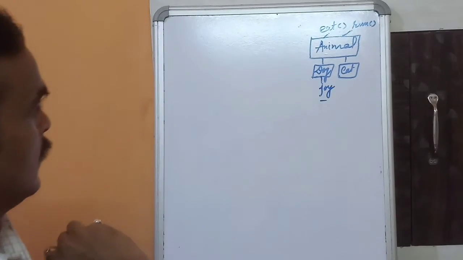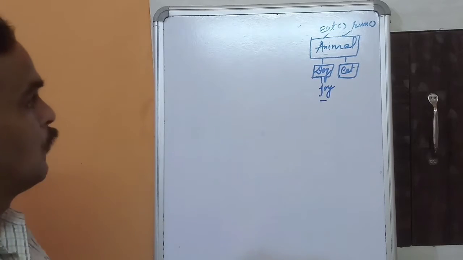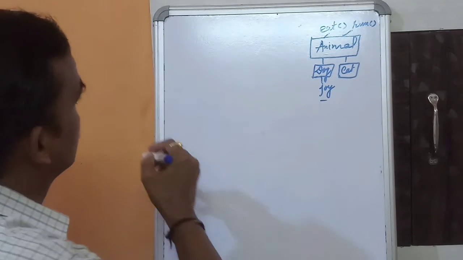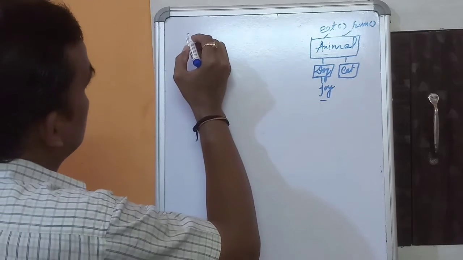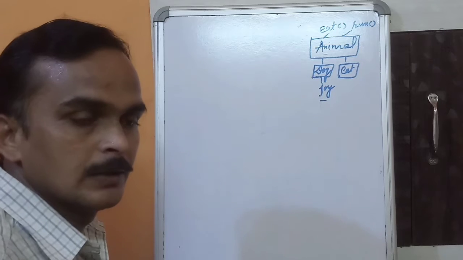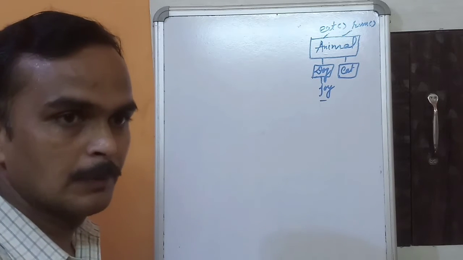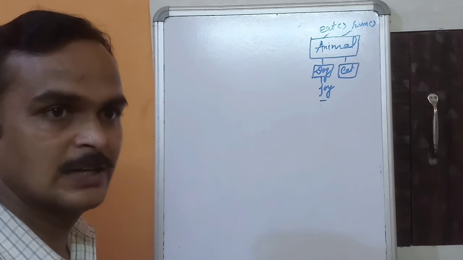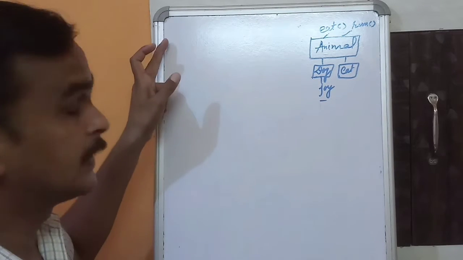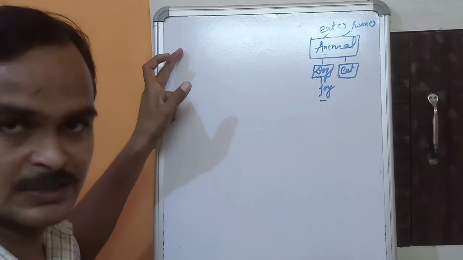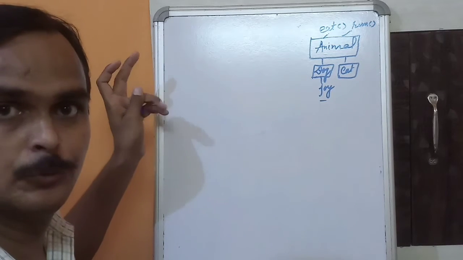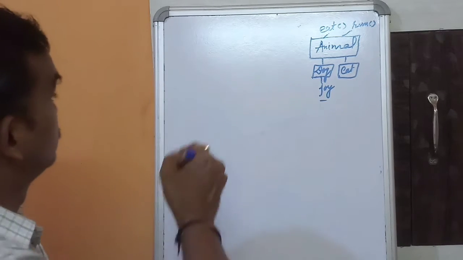Okay, so how can we use this in our program? Let's discuss. First we will see how to create a class. To create a class we have three basic components, the access specifier, that is public, private, protected or default. If we do not write any access specifier before the class, then automatically it will be a default class.